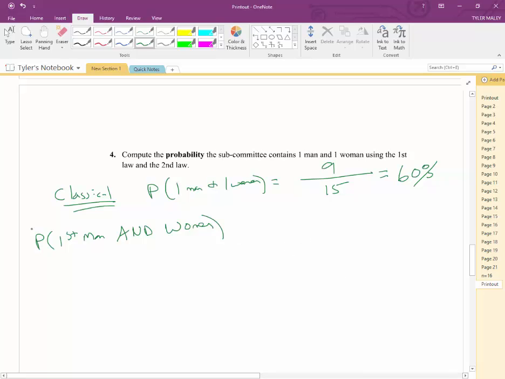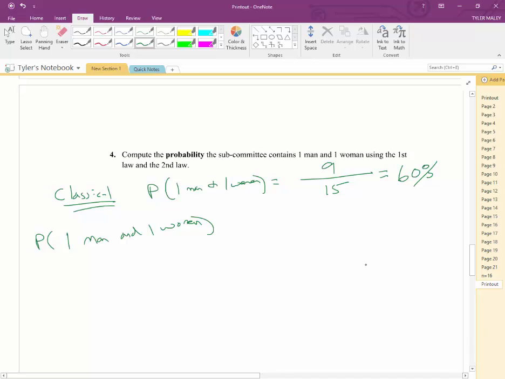Before I calculate this, let me do one thing, right? We have to think about this logically. What does the probability that the first is a man, or excuse me, not the first, what's the probability of having one man and one woman? What does that mean?